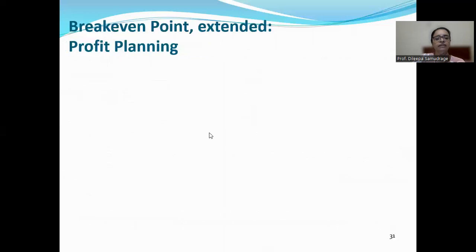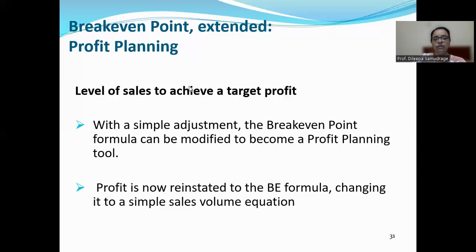Then the next one, break-even point extended, profit planning. So level of sales to achieve a target profit. With a simple adjustment, the break-even point formula can be modified to become a profit planning tool.